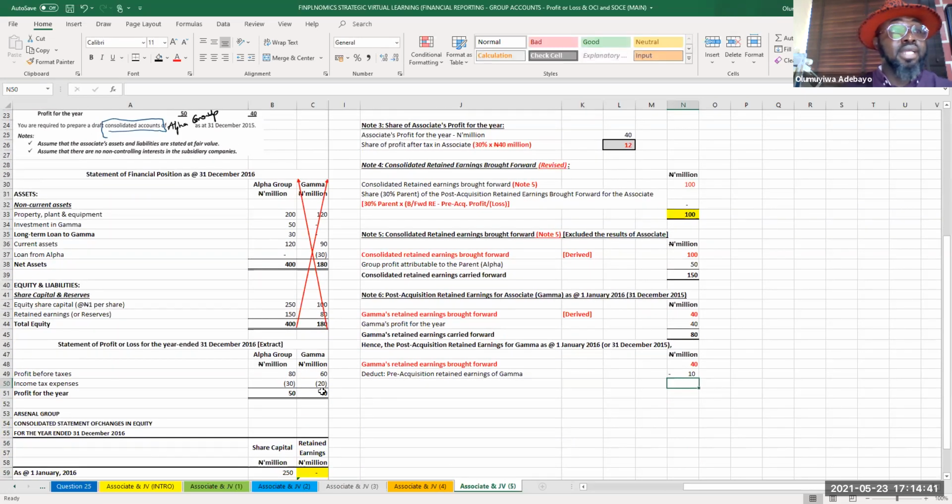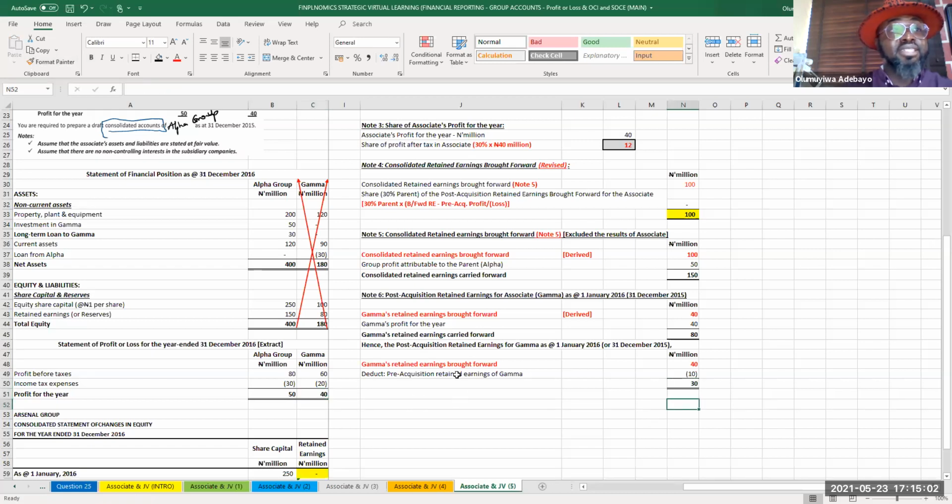Therefore, that 10, once I deduct that, it gives me 30. That 30 is my post-acquisition.